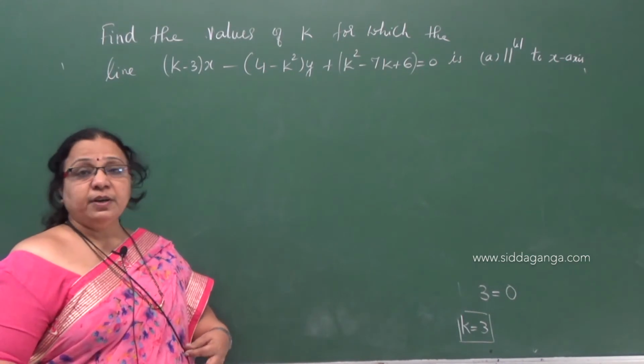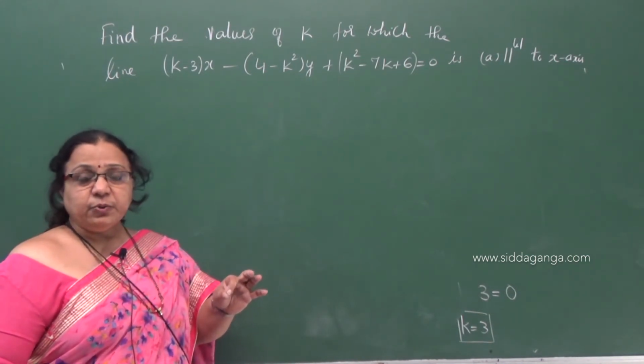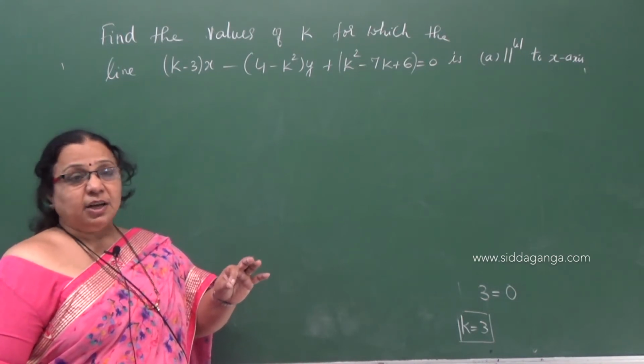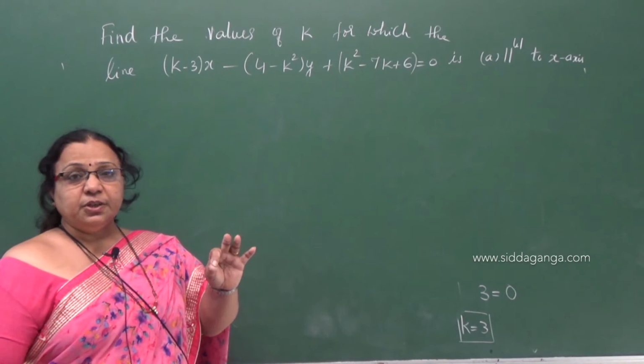So if any line passes through the origin, it means that the constant term, C, should be equal to 0.